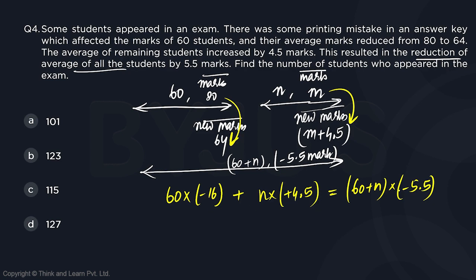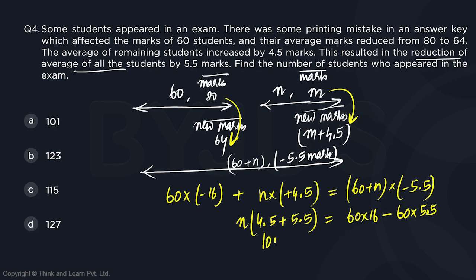So if we bring N on the same side, we will have N into 4.5 plus 5.5, and on the other side we will have 60 into 16 minus 60 into 5.5, taking minus outside.